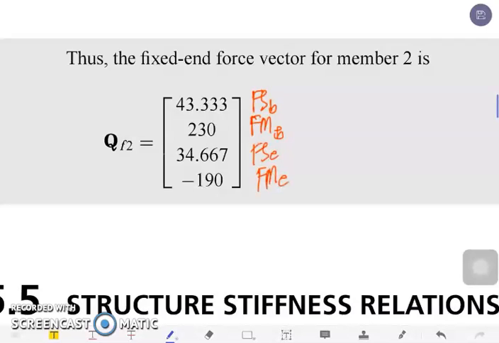Respectively, you have 43.33, 230, 34.66, and negative 190. So in matrix form, you have written the fixed end forces for member 2.